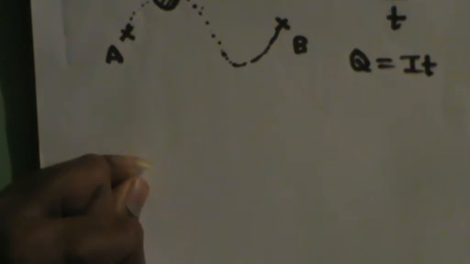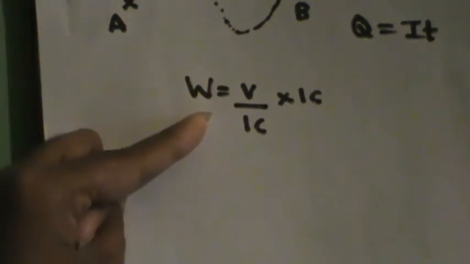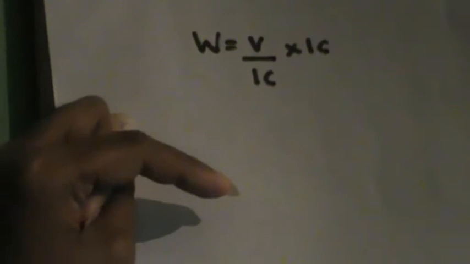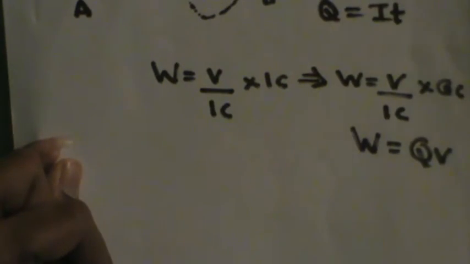And you know that if you take a unit positive charge from A to B, the work done is V. So for 1 coulomb, W equals V. If you are taking Q coulombs between A and B, then the work done will be W equals VQ, or we probably call it W equals QV.